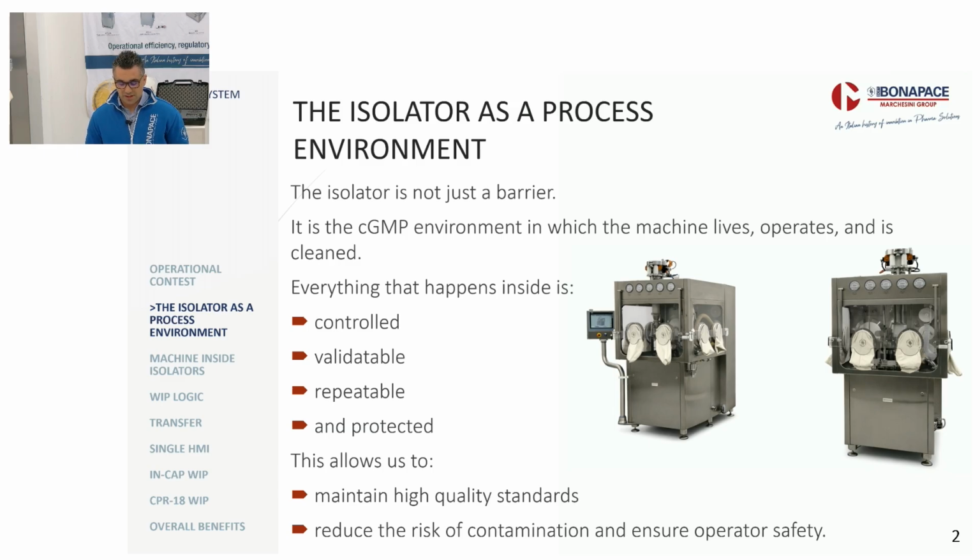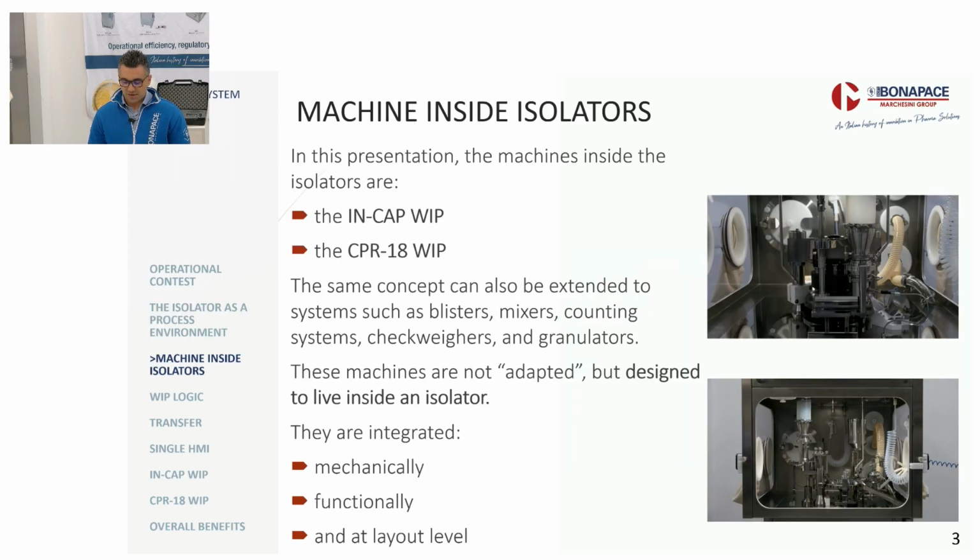The solution presented today includes a capsule filling machine, the In-Cap WIP, and a tablet press machine, the CPR-18 WIP. The machines are designed to operate inside the isolator with a compact layout, optimized mechanism, and components accessible through glove ports. Avoid post-design modification.